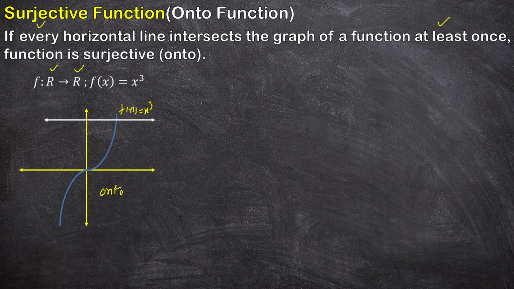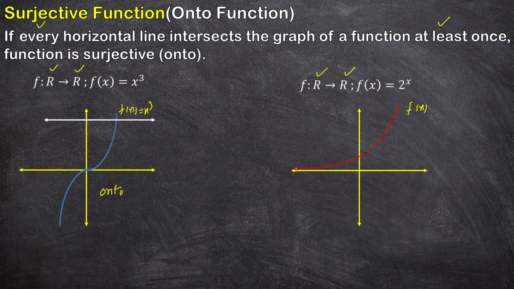Let's take another example defined by f of x is equal to 2 to the power x. f from R to R defined by f of x is equal to 2 to the power x. The domain and codomain of this function is also the set of real numbers. Let's draw the graph of 2 to the power x. Now we draw a horizontal line, and we see that when we move across the graph above the x-axis, it intersects the graph once.